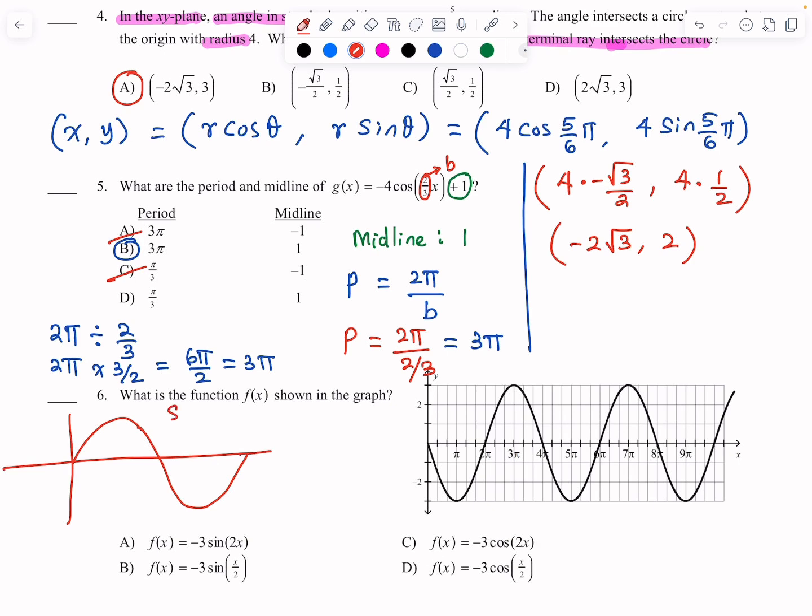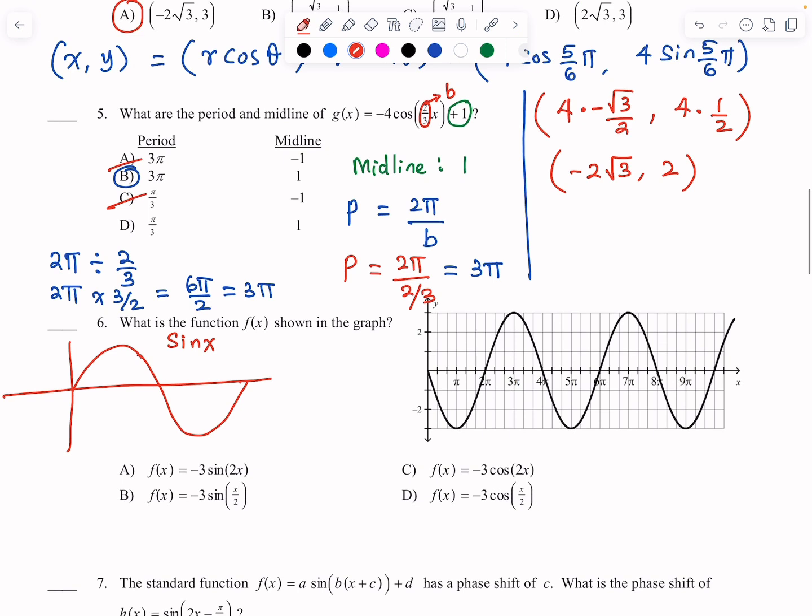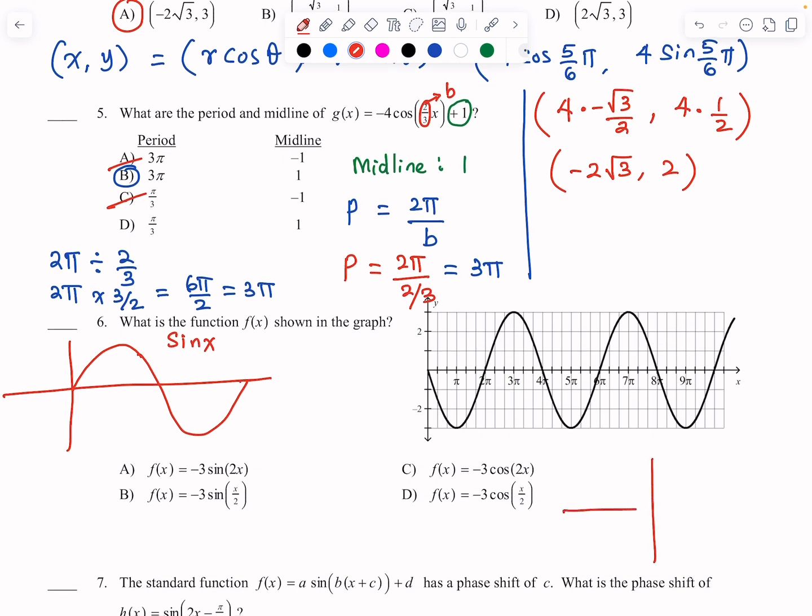And then if you think about this real quick, for my negative sine graph, how is that one going to look? For my negative sine graph, I just have to do the reflection of those concave down and concave up.